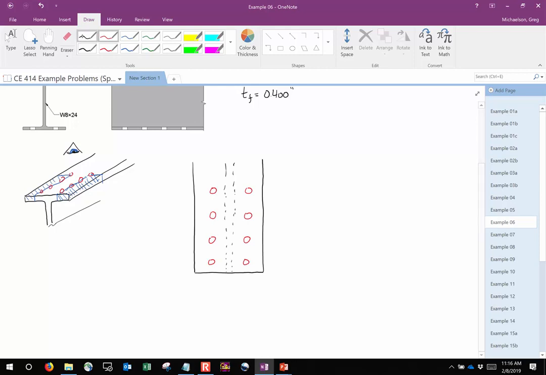Now, remember, I am yanking on this in this fashion. That's the way I'm yanking on it, right? Now, the failure block that I'm going to focus on, I'm just going to focus on this one over here on the right. It's going to go like that. So this is what I'm focusing on.